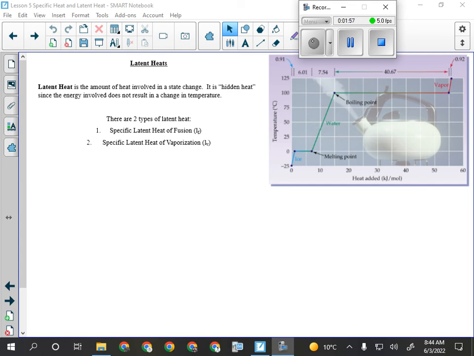Right? Because it has to do with not how fast the particles are moving, but how far apart they are. In a solid, particles are generally, water being an exception, but generally closer together. Okay? And so they can't get any closer together. So solids essentially have no latent heat. The particles cannot move any closer together.